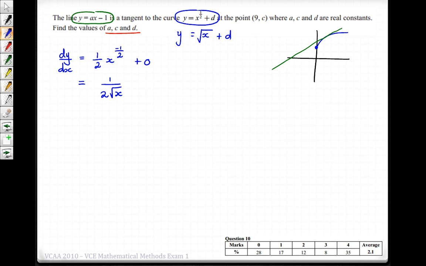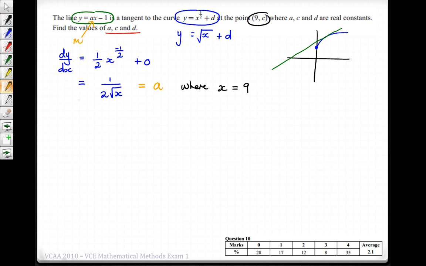And we know that for the green line to be a tangent to this, the gradient of our line must be the same thing. And the gradient of the line is simply that a term that sits there. So that's m, or the gradient. So we can say that this is equal to a, where x equals 9. So we're getting that from that point there.